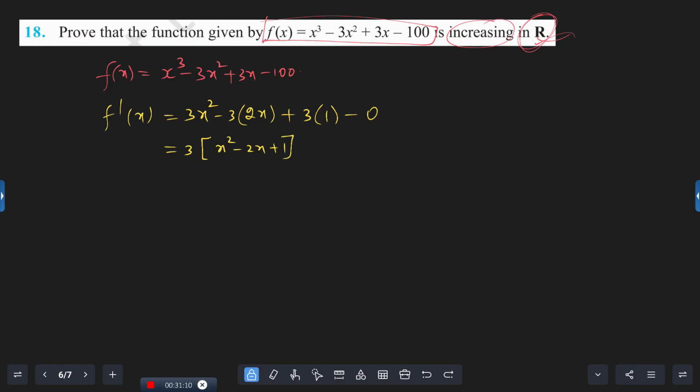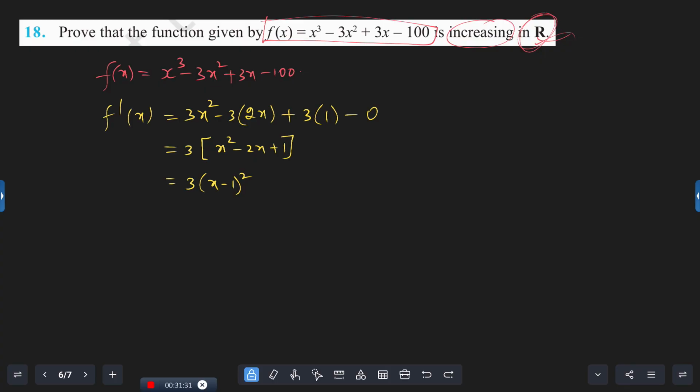Have you noticed what format this is? This is a quadratic in the form of a square minus 2ab plus b square. So you can say it is a minus b whole square, x minus 1 whole square.